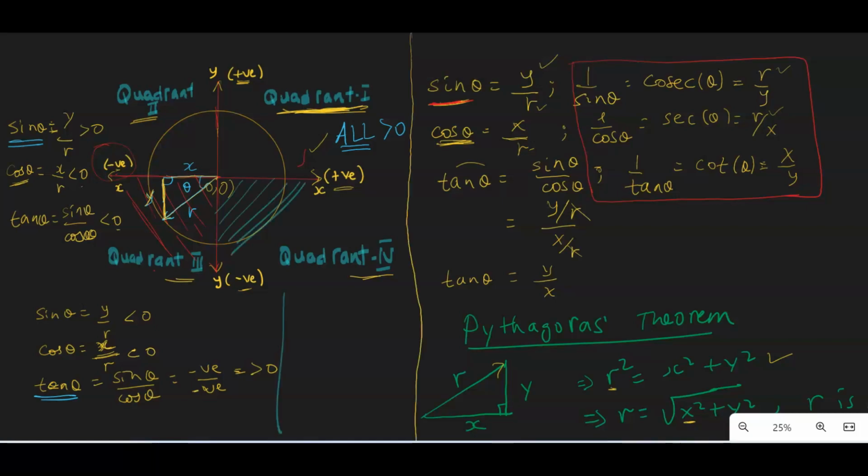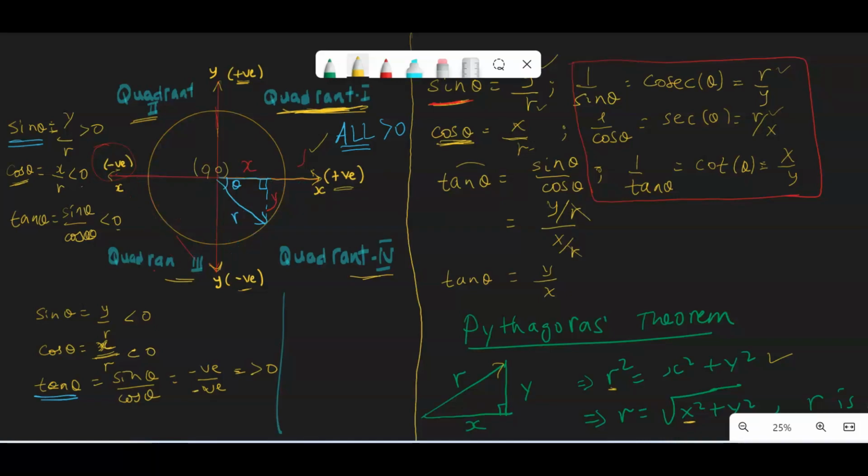Alright, finally, let's say quadrant 4. So quadrant 4 is in between the positive x-axis and the negative y-axis. Okay, so it's basically the blue hatched area.